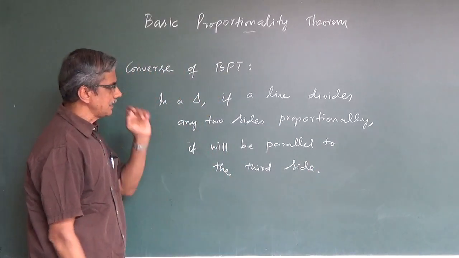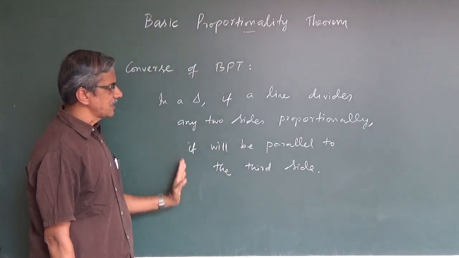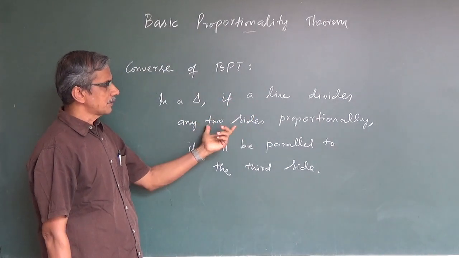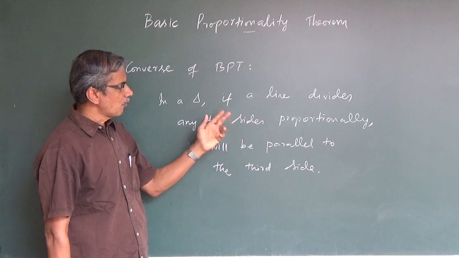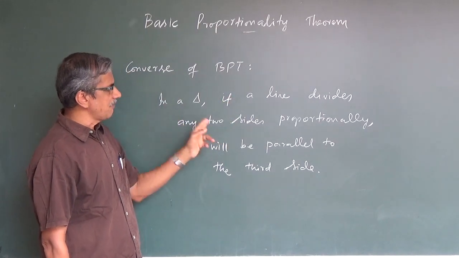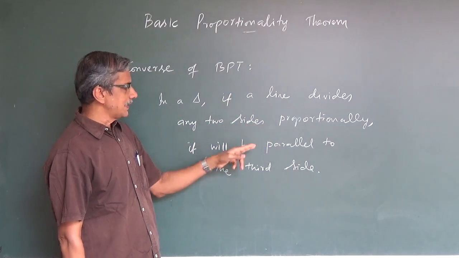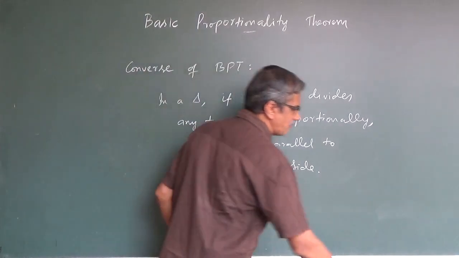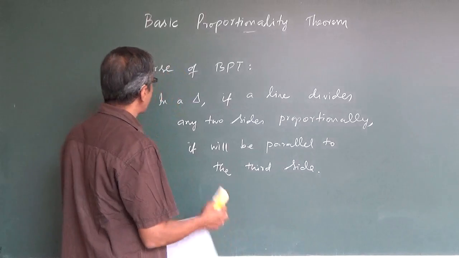I hope you understand. The proof of this theorem is not required. What it says is, if a line is drawn which divides two sides proportionally, then the conclusion is it will be parallel to the third side. This is the converse of the basic proportionality theorem.